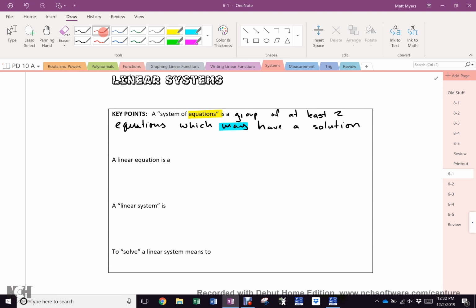Now, let's write a couple of things down here. X plus 7. What is the solution to that? Jordy? Well, you need to put equal. Absolutely. There is no solution to that because that is not an equation, right?